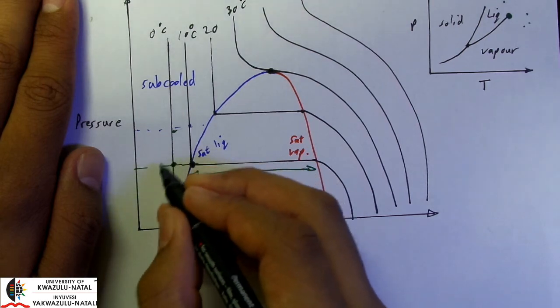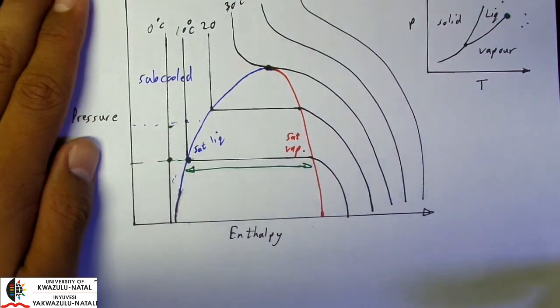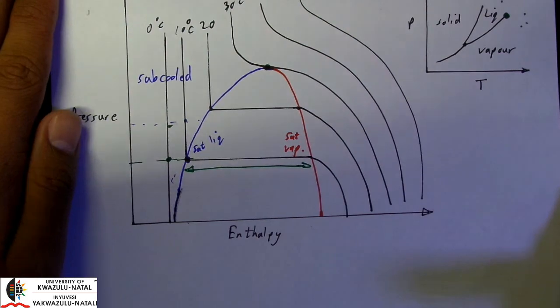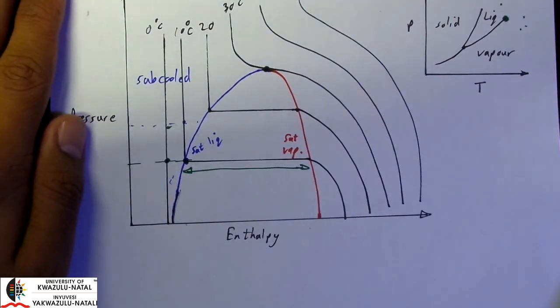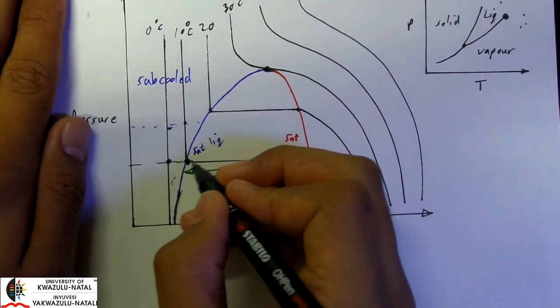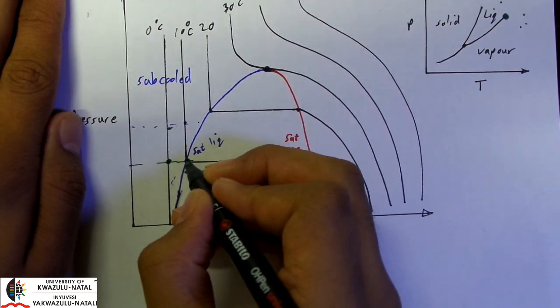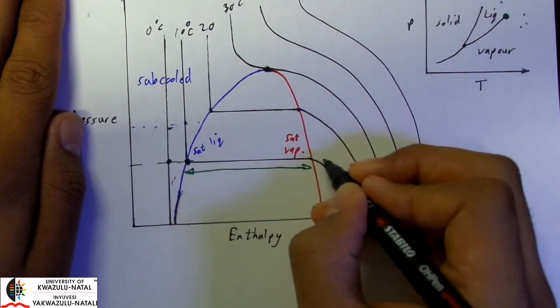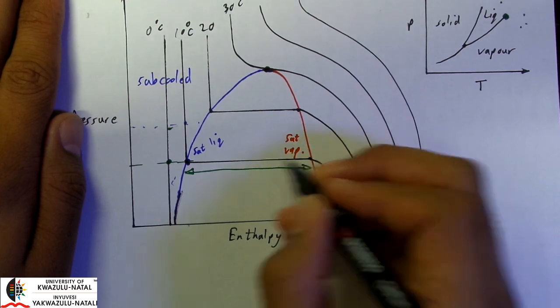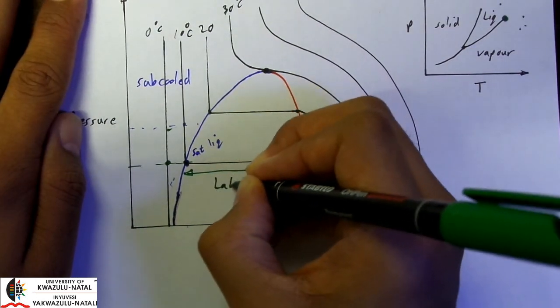Okay, so that will be known as sensible heat, where we are just heating a liquid. There's no phase change. And then we have to heat up to account for the phase transition. Okay, so this is known as our latent heat.